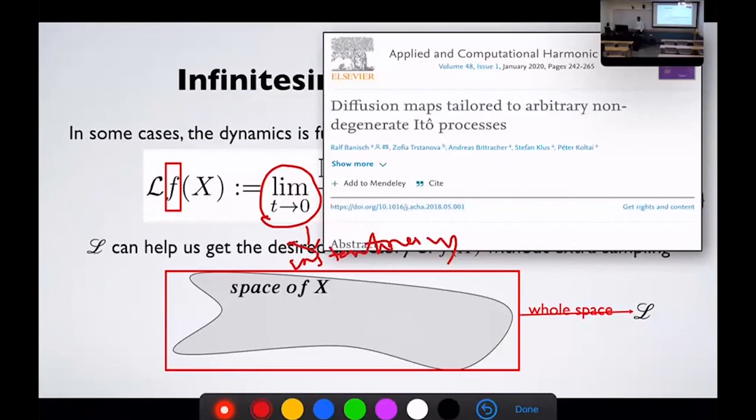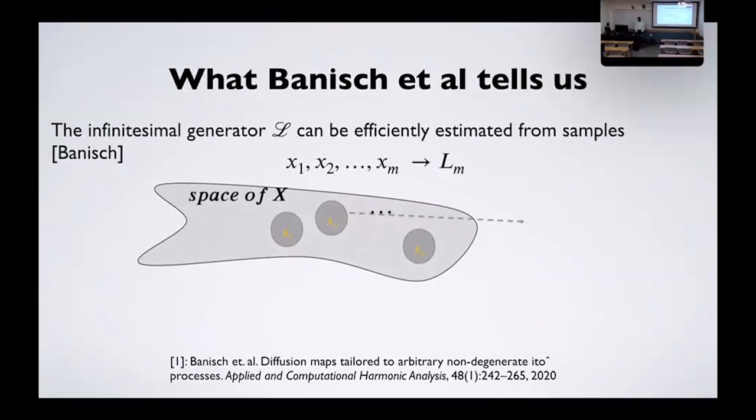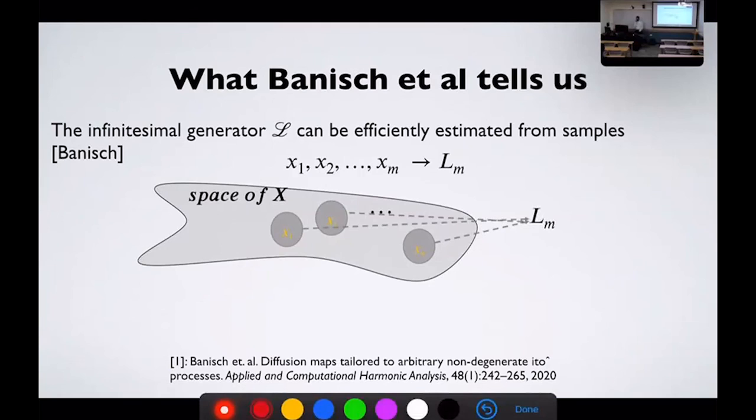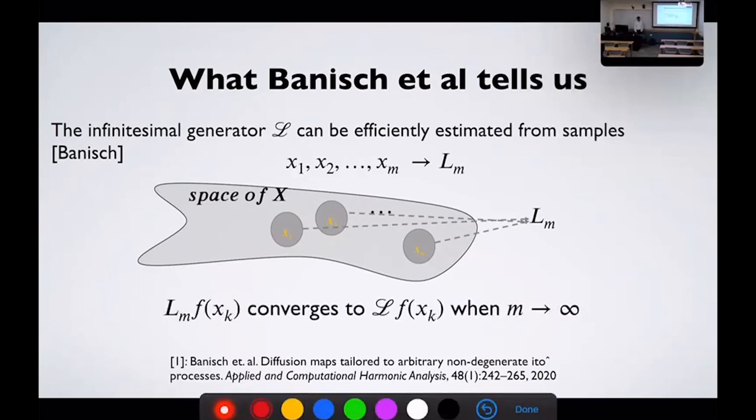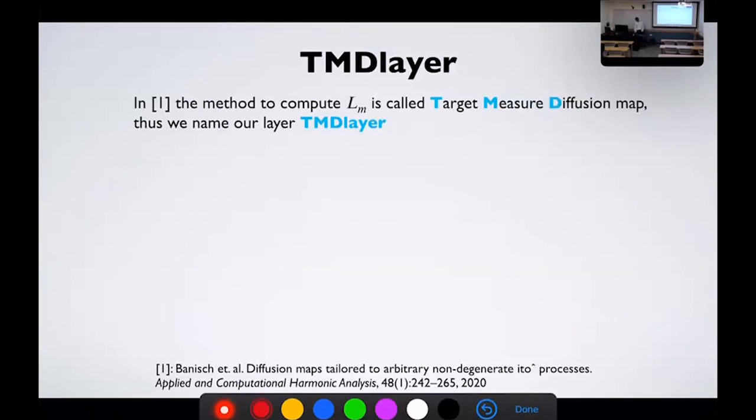They came up with this idea. And what they said was, if you have samples from X, a bunch of them, then you can compute a matrix L from M, which can be an approximation of L, as long as you have enough samples. So they told us how to calculate an approximation of this infinitesimal generator.